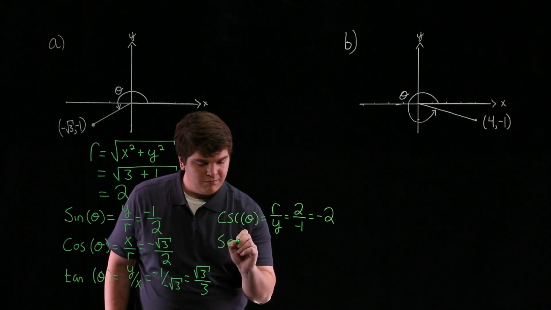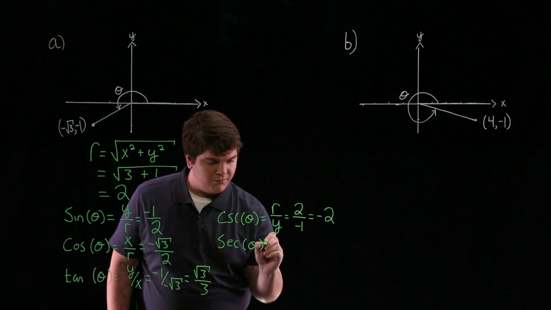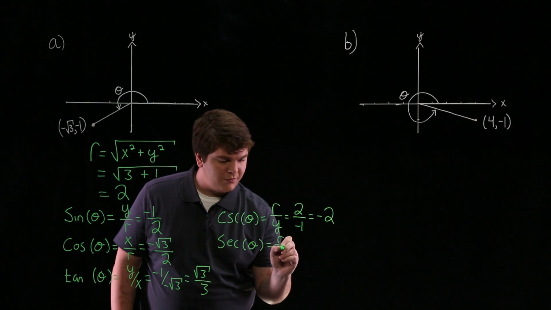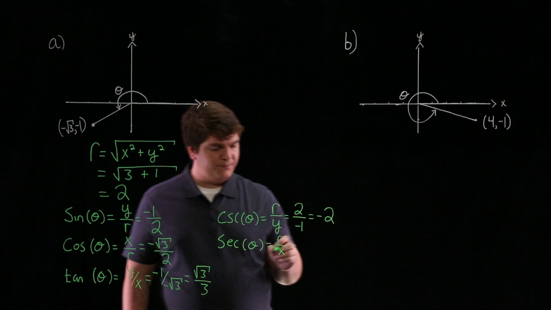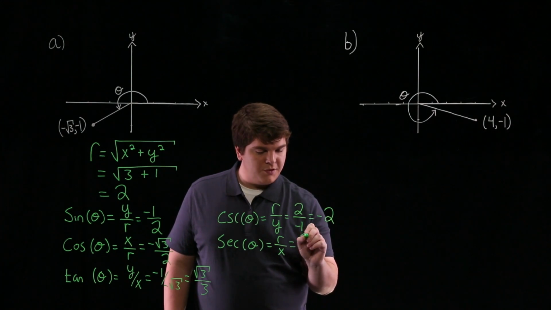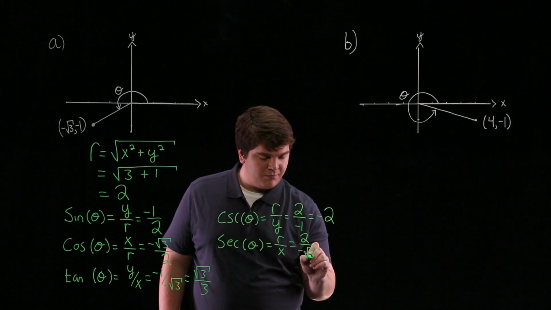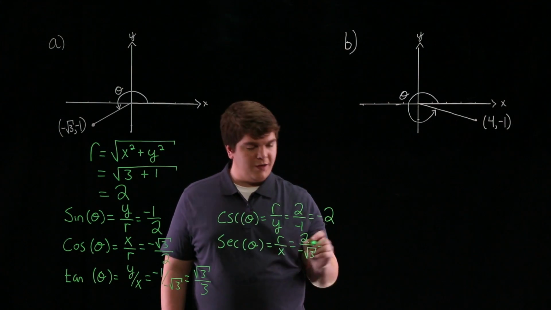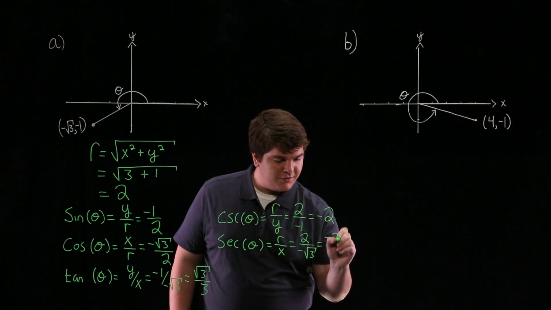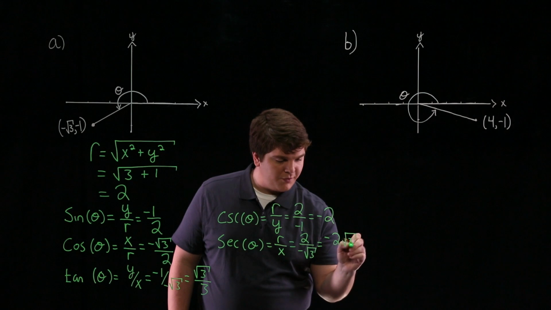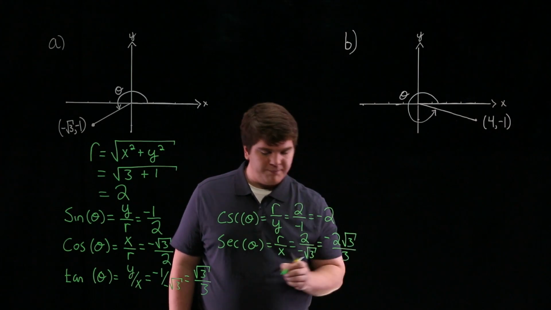Secant of theta is r divided by x, which is equal to 2 divided by negative square root of 3, which becomes negative 2 times the square root of 3, all divided by 3.